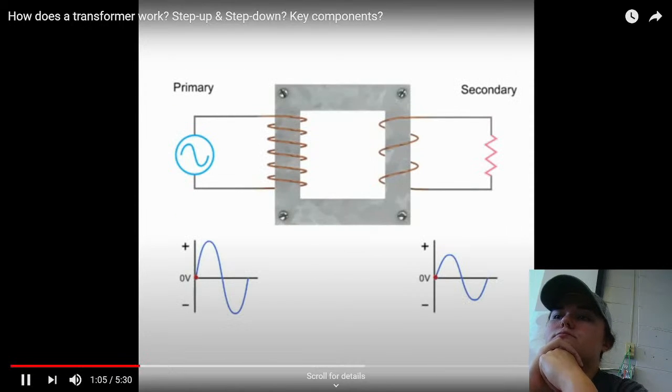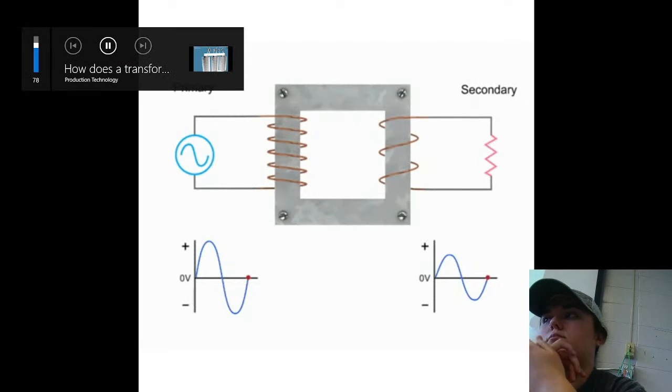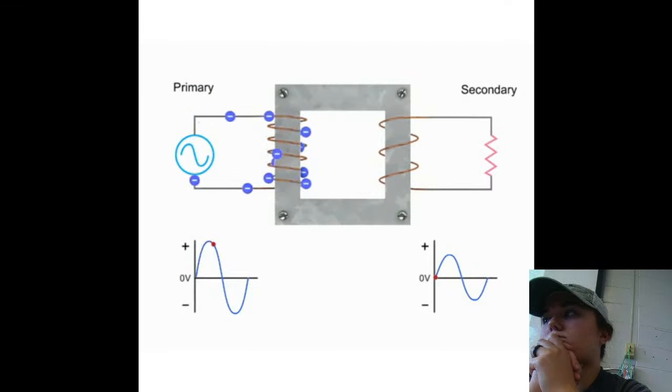The constantly changing current driven by an alternating voltage source induces a changing magnetic field in the core of the transformer. The magnetic field created by the alternating current in the primary coil generates the flux in the transformer core.